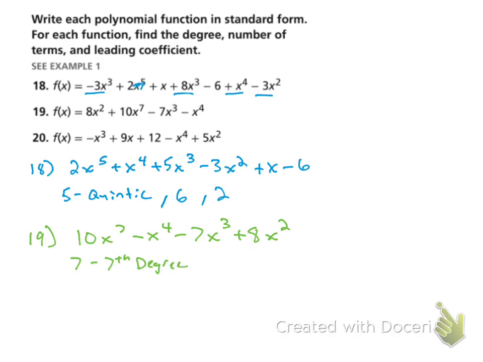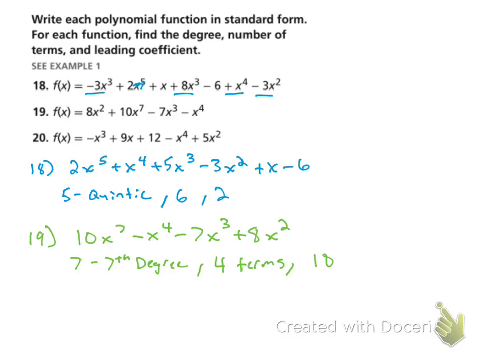And after 5, it's just 6th degree, 7th degree. Number of terms is 1, 2, 3, 4 terms. Leading coefficient would be 10.